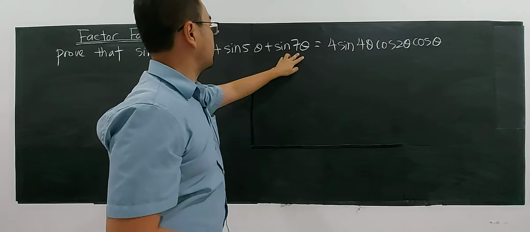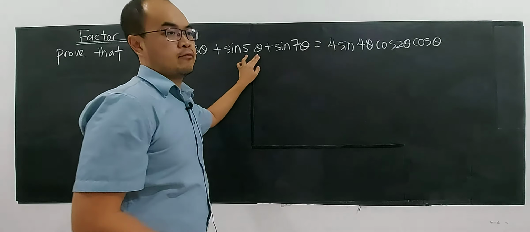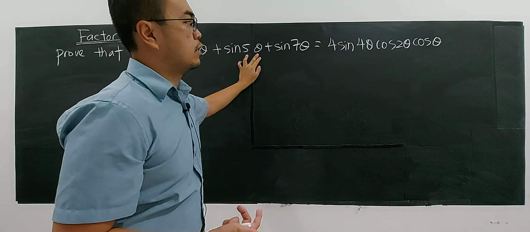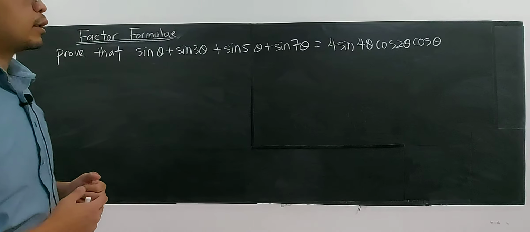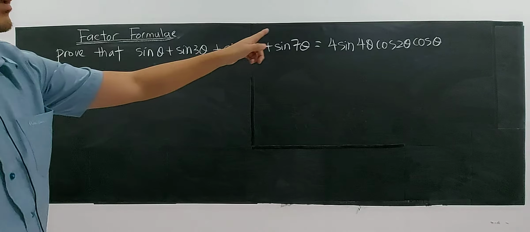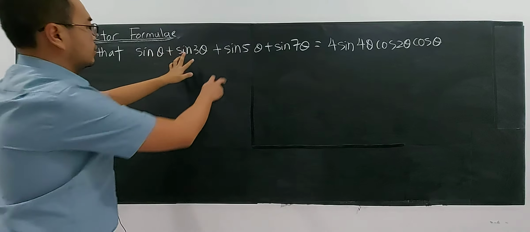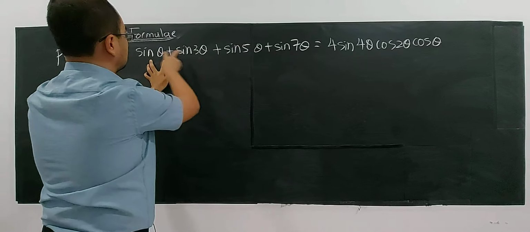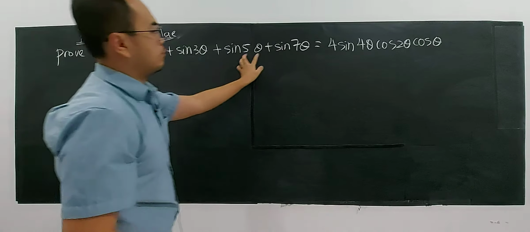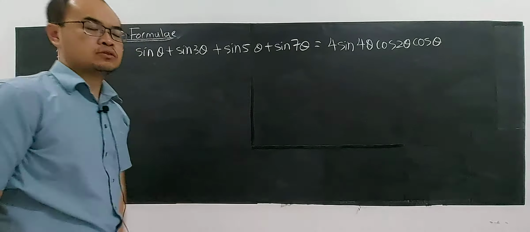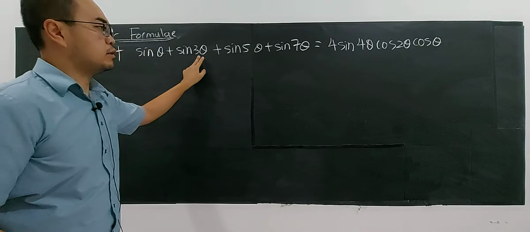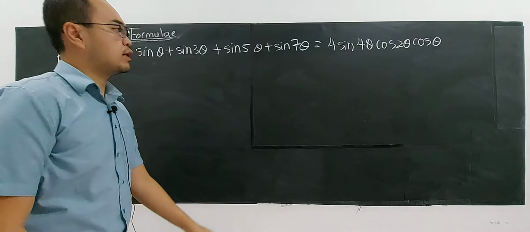If you take 7 plus 5, you have 12, divided by 2 is 6 theta. It's not here, but most probably later it can help you. You can try 5 plus 3. All here, 1, 3, 5, 7, are odd numbers. If you add up any two odd numbers and divide by 2, you get an even number.